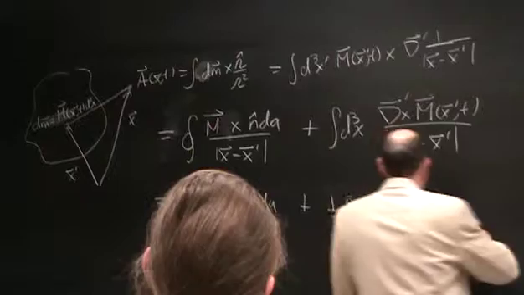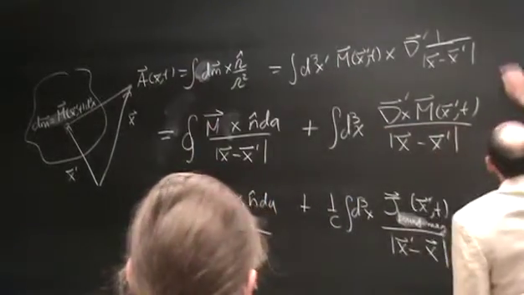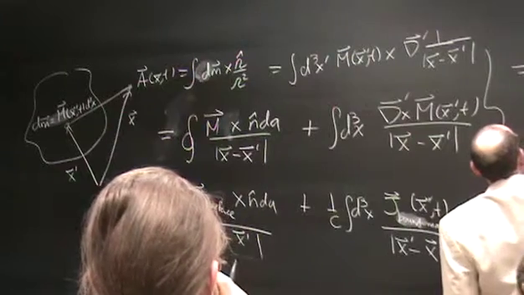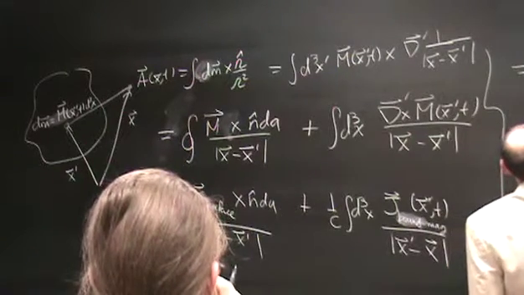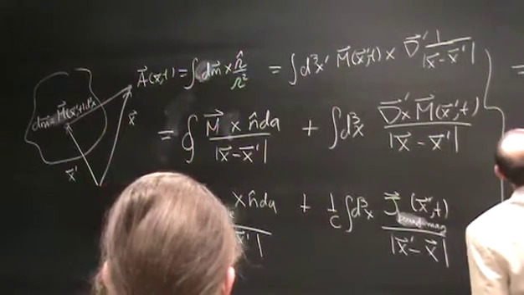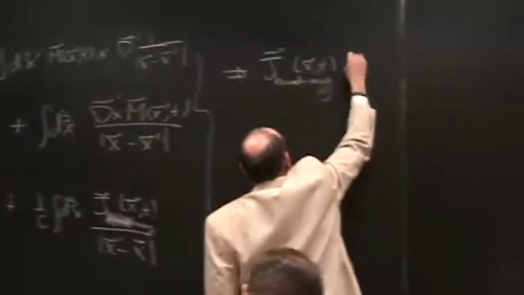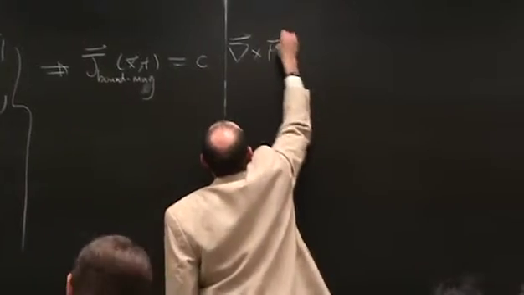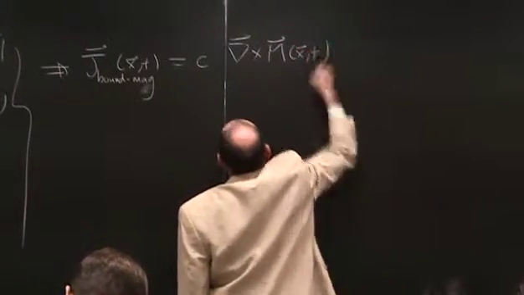So, what we see here is that the bound magnetic source of current is c times the curl of M, the curl of the magnetization.